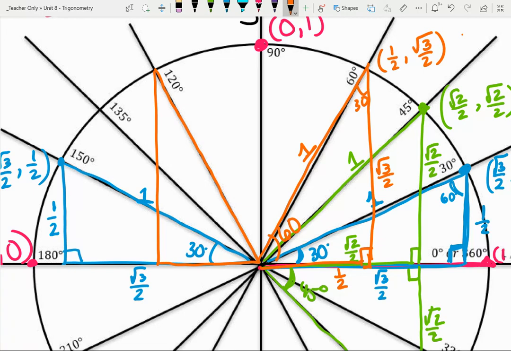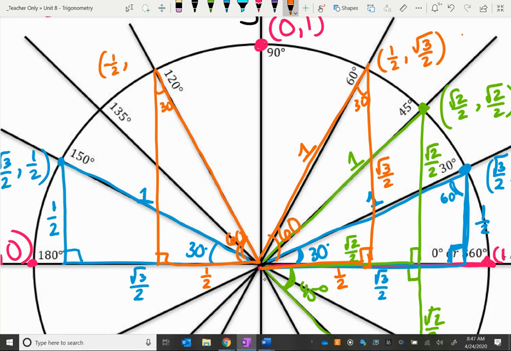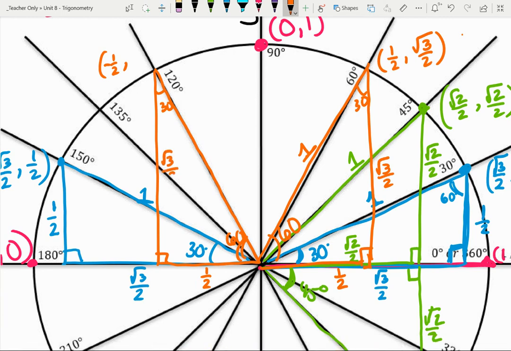So we're going from the horizontal axis. We have 60 degrees here. We have a right angle and we have a little 30 here. So we know that our horizontal length is 1/2, but we're going in the negative direction. So we have negative 1/2 as our x value. And in the vertical direction, we have a positive square root 3 over 2. So that's our y coordinate.